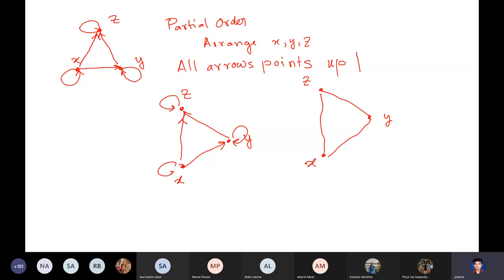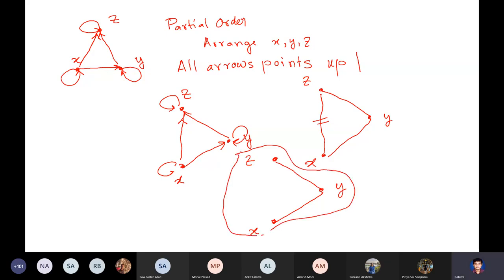Not only that, since I know transitivity is there, I can drop the transitive edges also. So I can just write it this way. Just this diagram is enough for me.